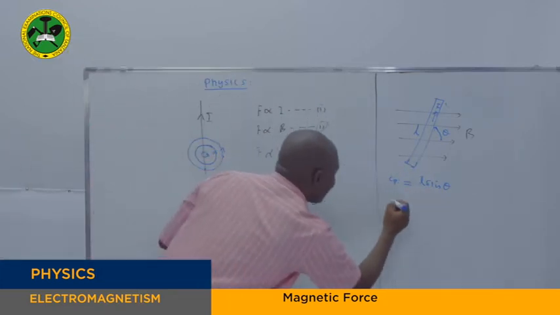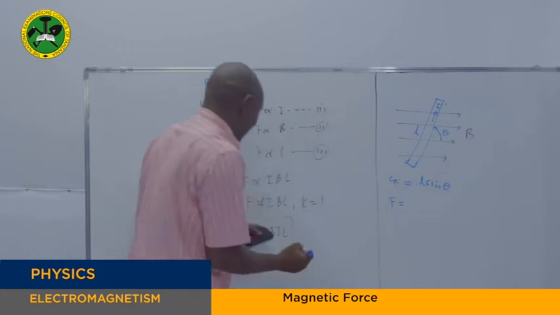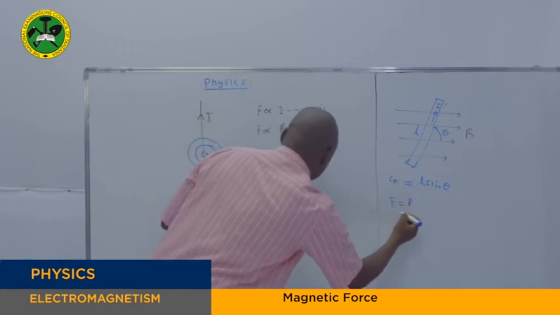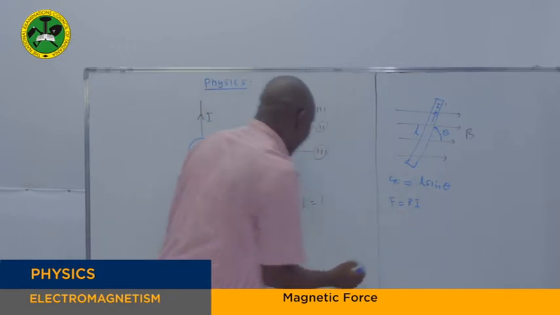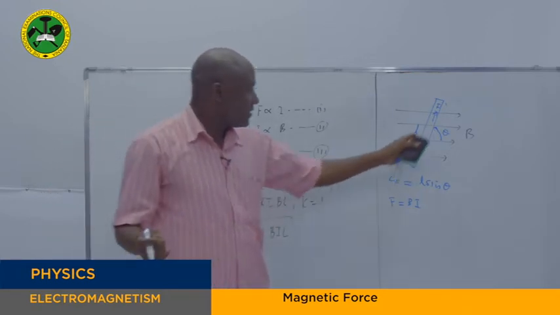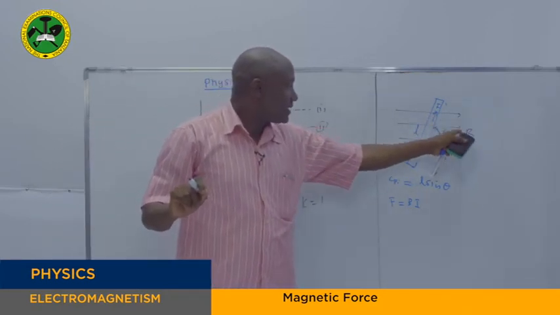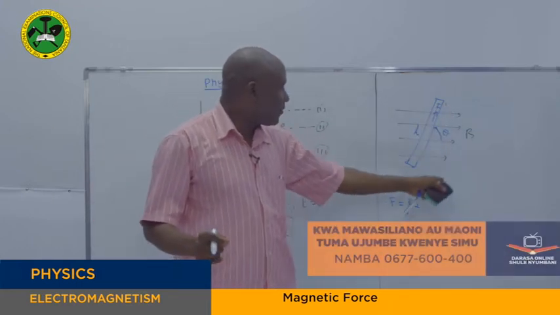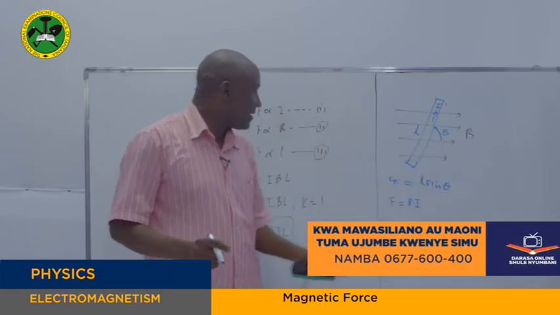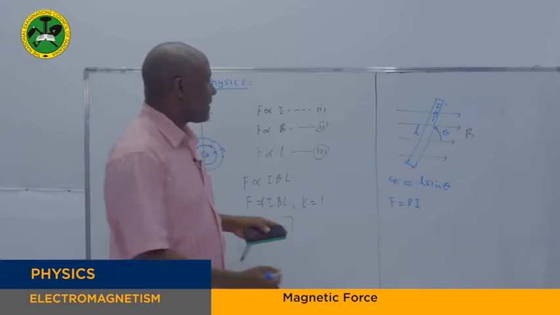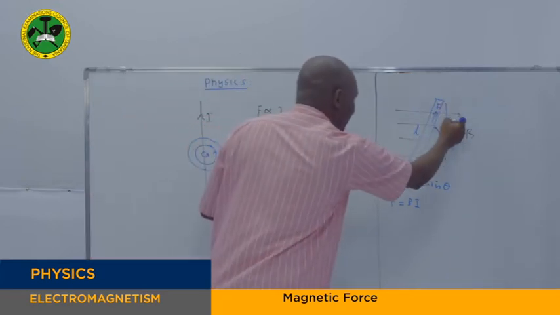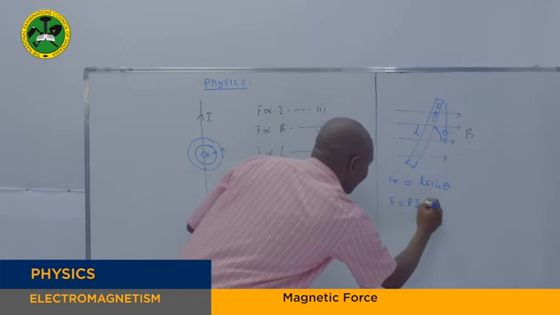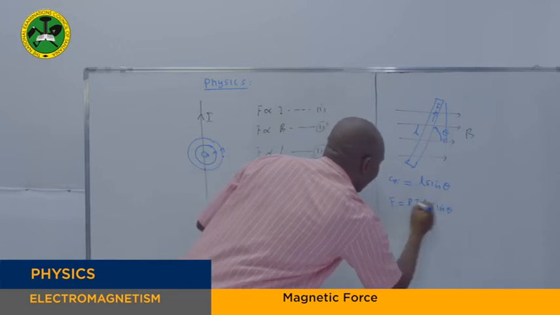So applying the force now, force equals B times current times the length. Since the length of the conductor which is perpendicular to B is not the whole length, but a small portion of it, L sine theta, the force is B I L sine theta.